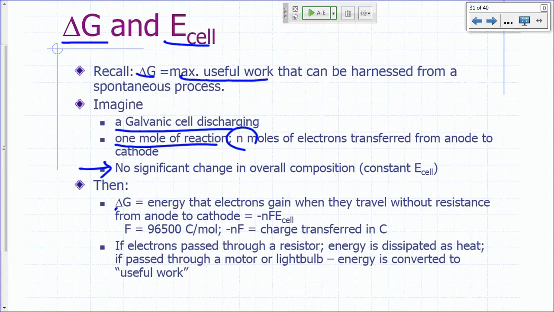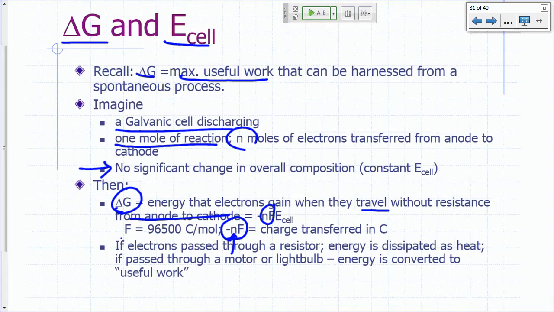Then delta G would be the energy that the electrons will gain when they travel without resistance from the anode to the cathode. And that's just given by the charge. So n moles of electrons times the charge per mole. So negative n moles times negative F would be the total charge transferred.